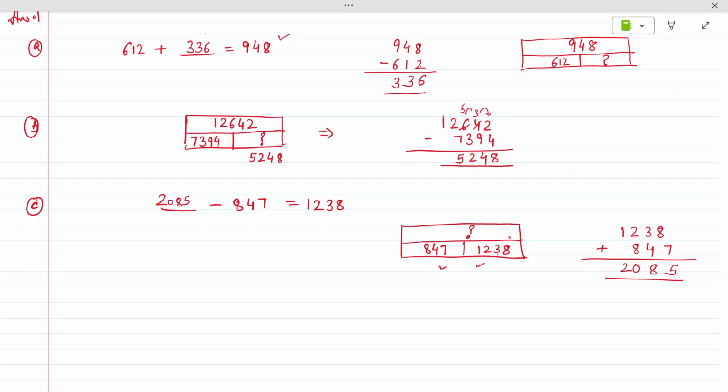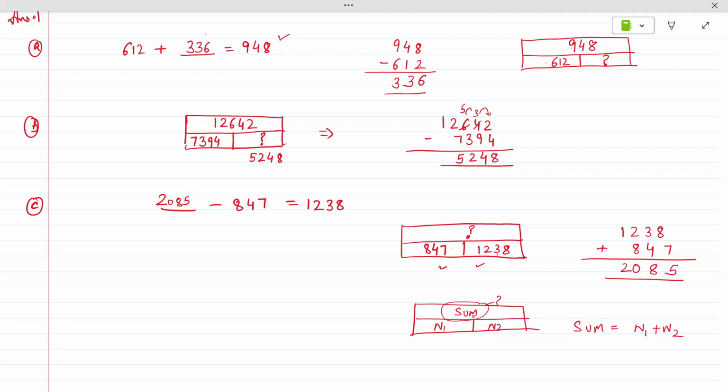Kids, always remember this rule, which we have done earlier. This one is your sum, and these are the numbers whose sum is given. If we have to find the sum, like in this case where this number is missing, then sum is always equal to n1 plus n2.